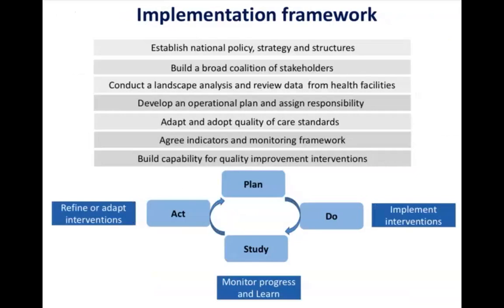An implementation framework summarizes the steps through which we operationalize these objectives. At the top, we see a systematic series of steps, starting with national policy, strategy, and structures, which lead into the plan, do, study, act cycle, PDSA cycle, at the level of health services.